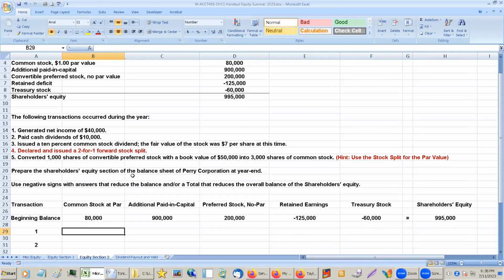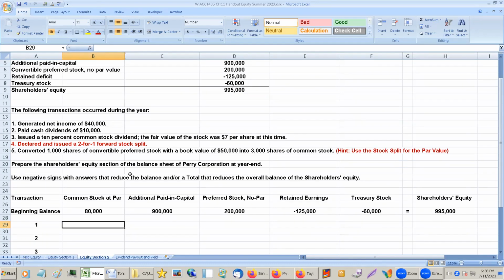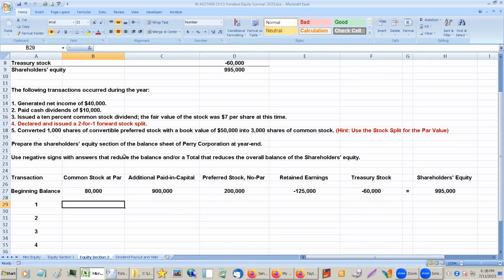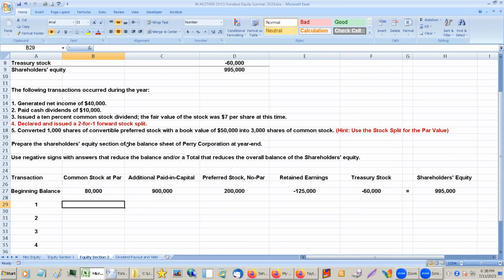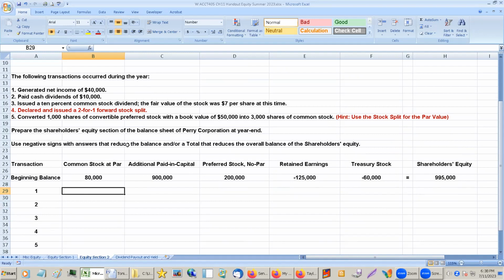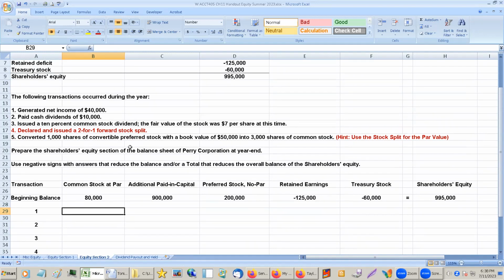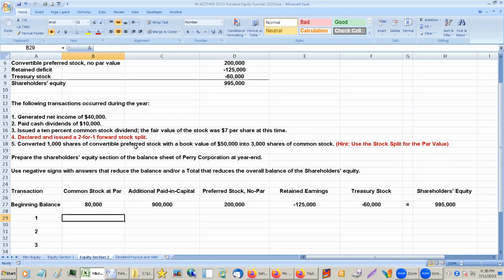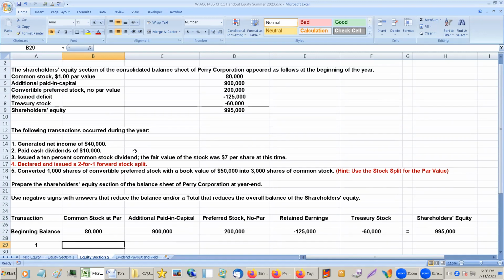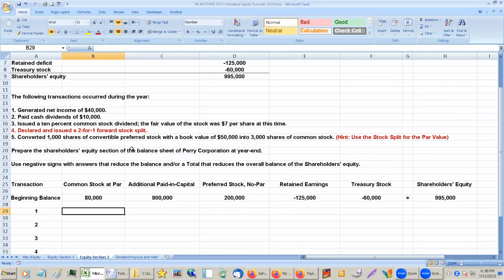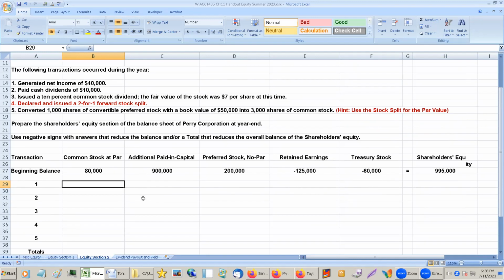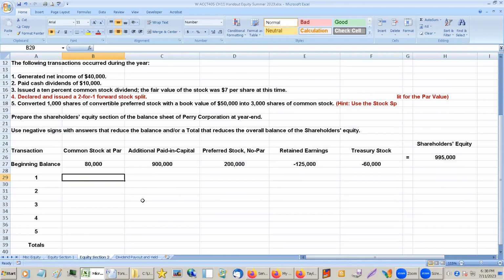Same thing here, though it's a little bit different. This one's actually a little more complex, and it's in a slightly different format too.